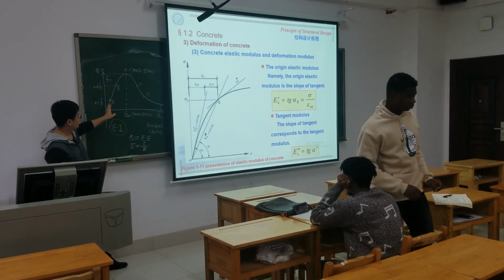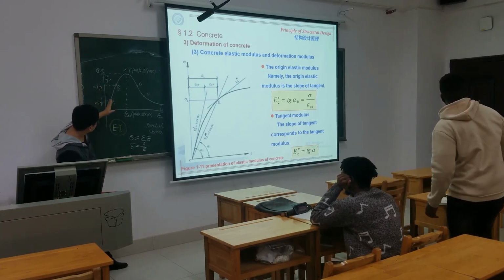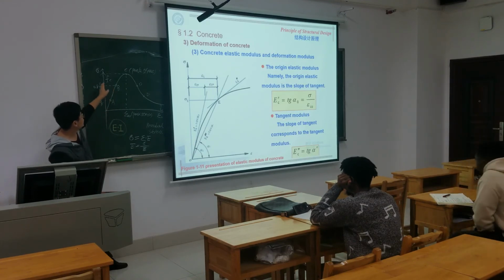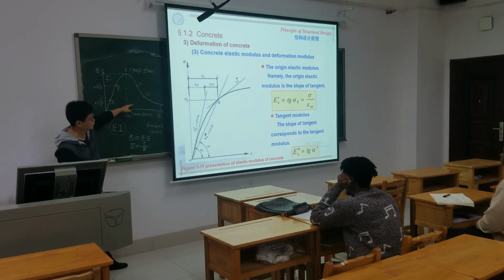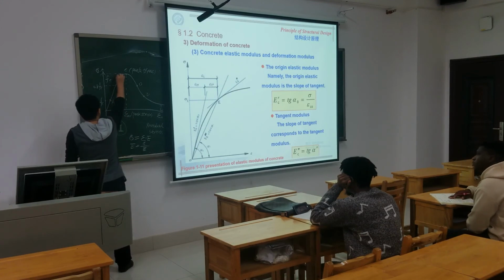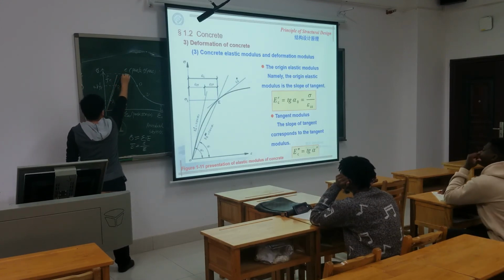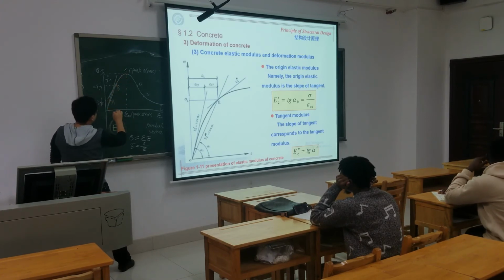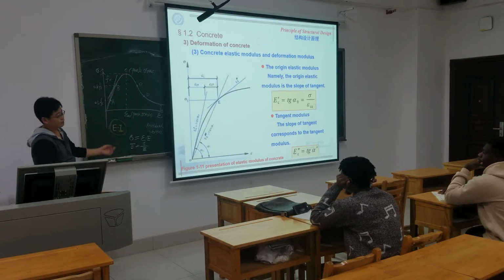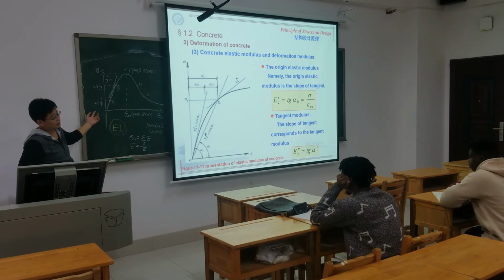So from this curve, which value do we use? If you use it from the original point or from another point on the tangent, different methods give different values.